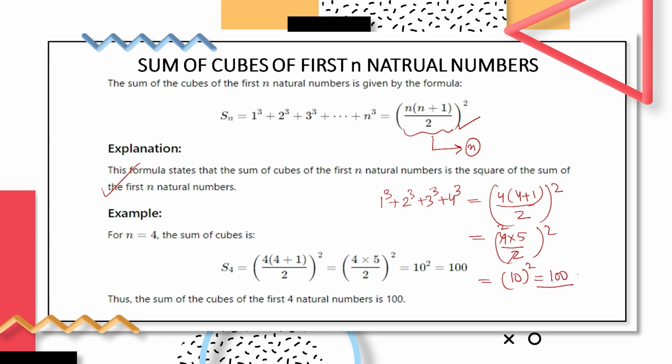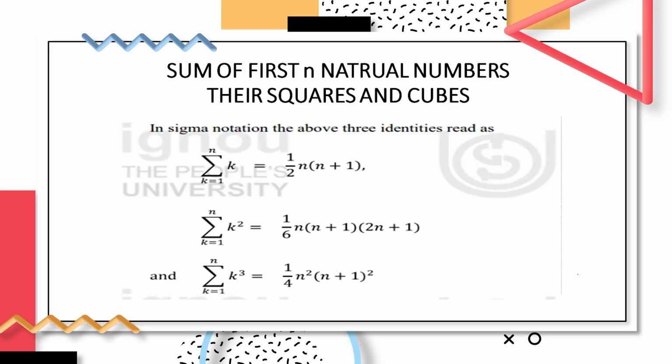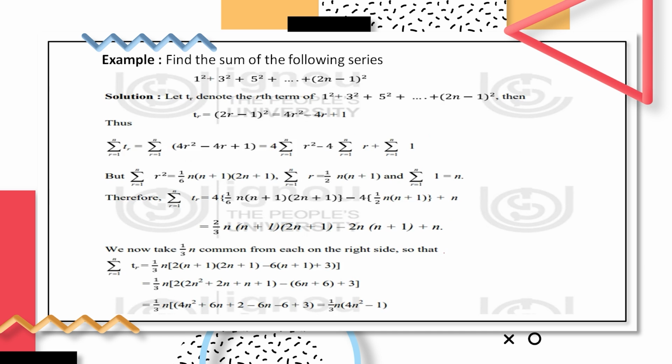So 100 is the sum of the cubes of the first 4 natural numbers. So the formulas are mentioned for your reference over here, and now we are going to solve some more examples.